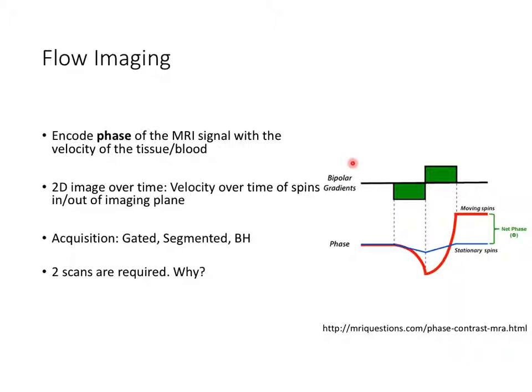So flow imaging is another thing you can do with MR. It counts on the fact that if we apply a gradient so that we cause a phase shift in the spins as a function of position, and then we apply the opposite gradient to undo that phase shift as a function of position, for static spins or static magnetization vectors, if they're not moving, by the time this bipolar gradient is played out, they will return to exactly the same phase shift they were at when we applied the gradient.